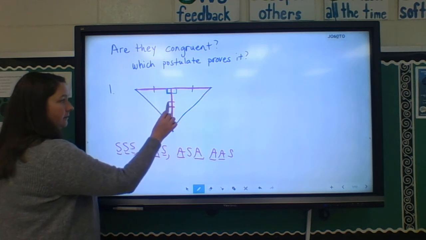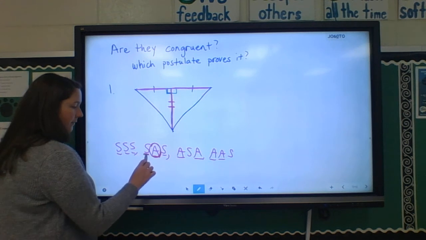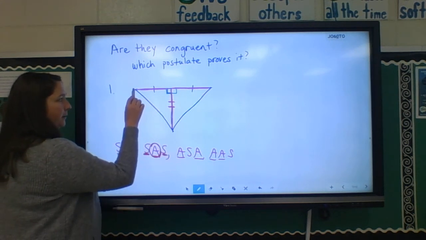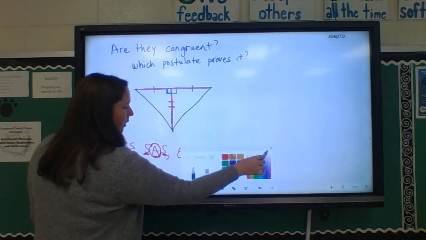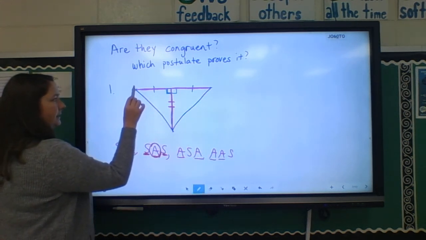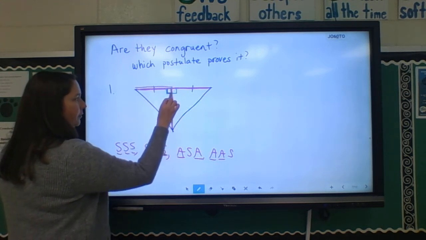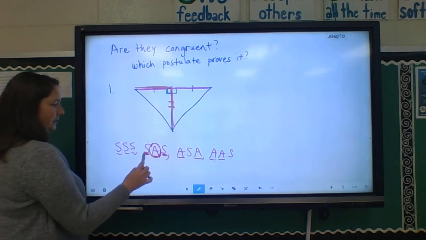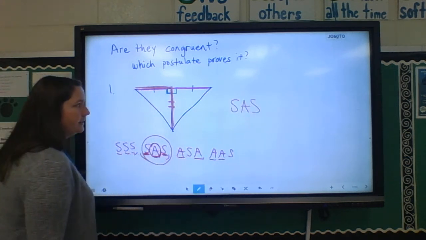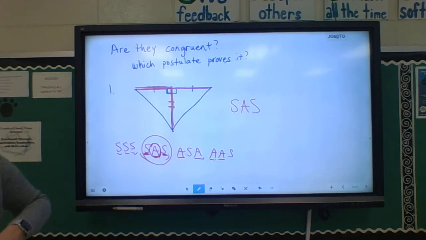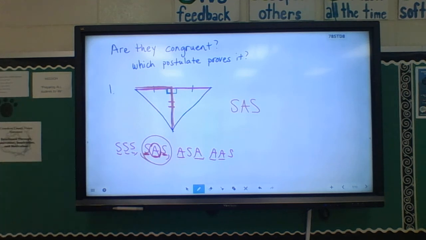Is the angle in the middle of the 2 sides? If I follow my sides, let me grab another color, running out of colors, I'll do orange. Side, angle, side is what proves this because I have my 2 sides with an angle in the middle.